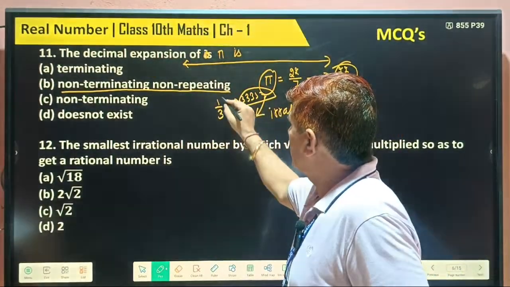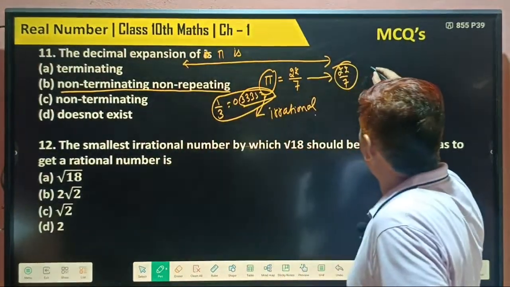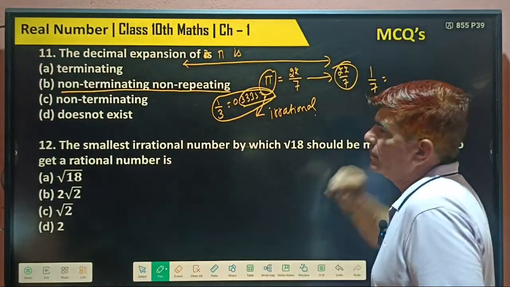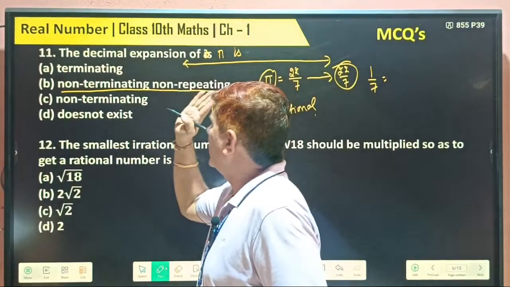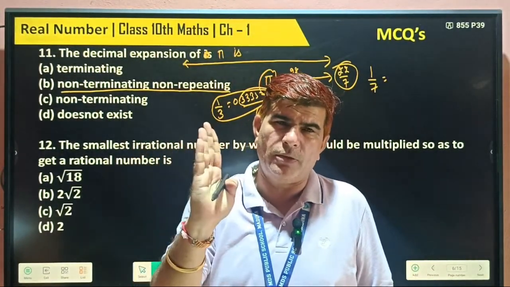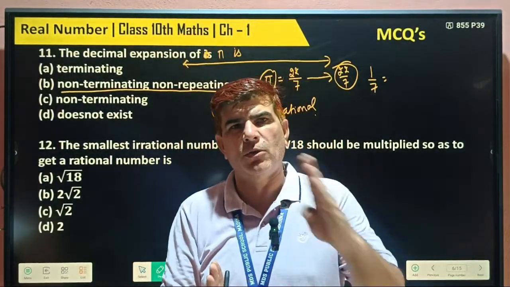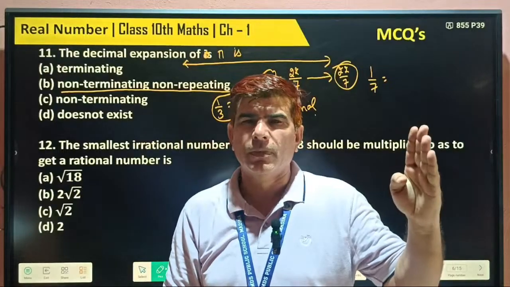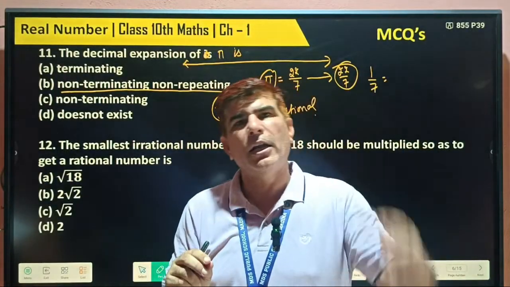This is also a rational number. And for reoccurring, take 1 by 7. What's the difference between repeating and reoccurring? Reoccurring means after a finite number of steps, the same steps come again.